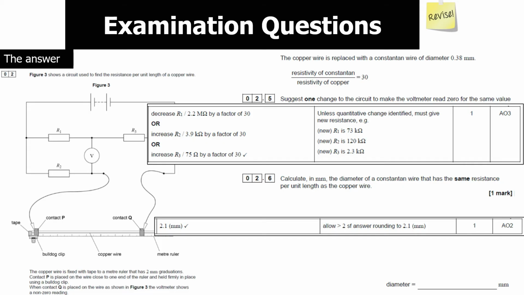We know it's going to be with the same resistance per unit length, so R over L is just going to cancel through. So it's going to be equivalent to D squared fundamentally, because the only factor left that can vary this resistivity up by a factor of 30 is going to be the area, which links into diameter squared. So we can then work out the change in diameter, and we get our answer to be about 2.1.